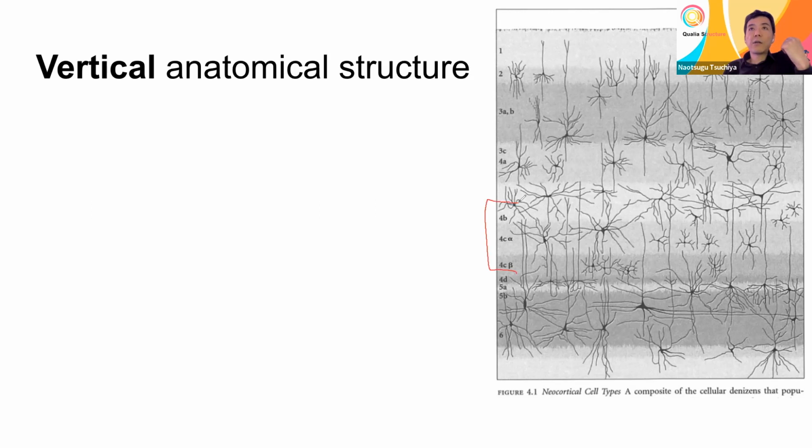It's called a 6-layered structure, okay? It comes with layers 1, 2, 3, 4, 5, and 6. And depending on which area you are in, the number of neurons and the thickness of each layer differ. For example, this is the area of V1, which receives input from other lower areas.